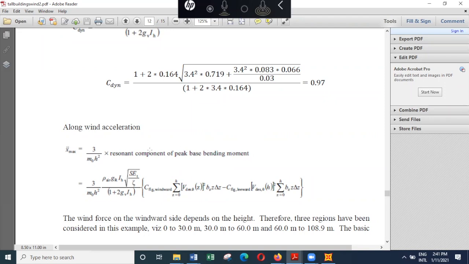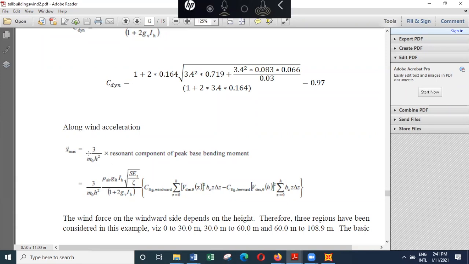where here you can see the mass of the building, height of the building, and the resonant component of peak base bending moment. We'll see how to calculate that value. You know force is equal to mass times acceleration.